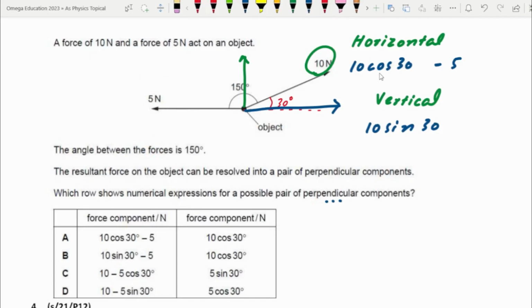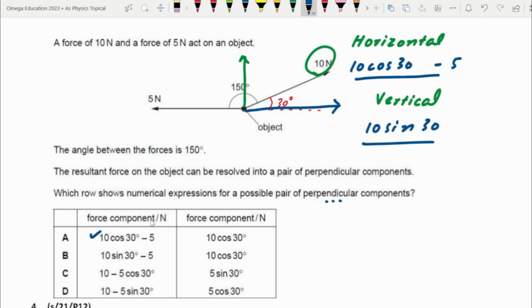So do we have these two expressions among the answers? 10 cos 30 minus 5, yes, over here, but 10 sine 30, we don't have the relevant second component in the pair. So we see that if we break down in the direction of 5 Newton, that is not working.